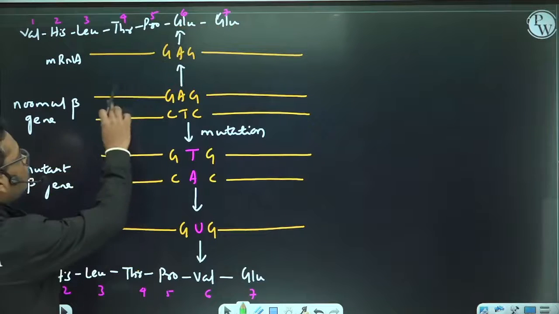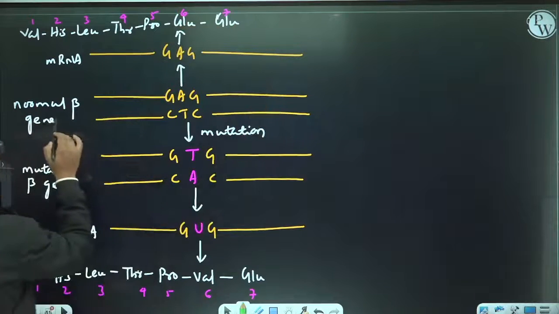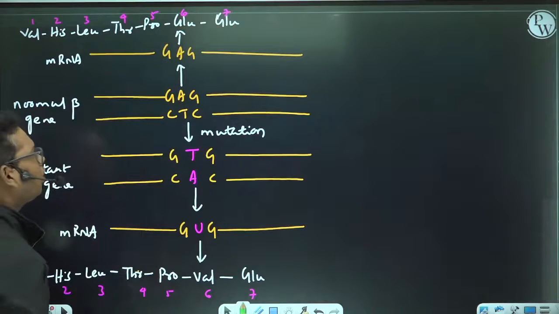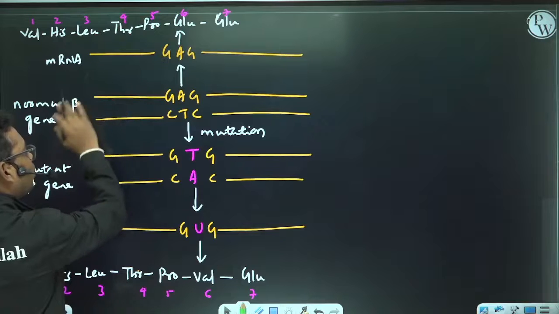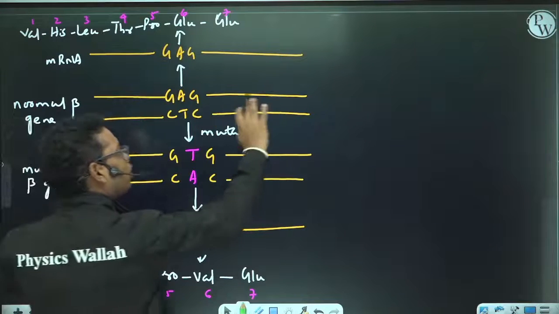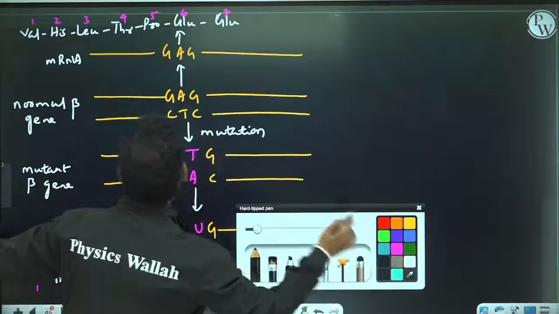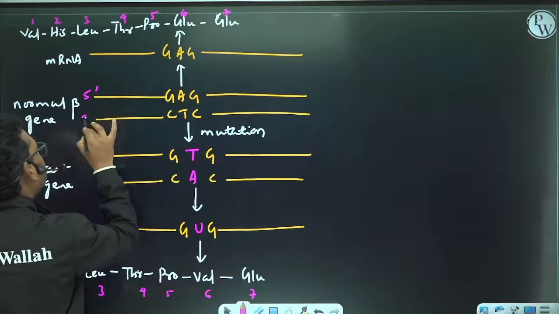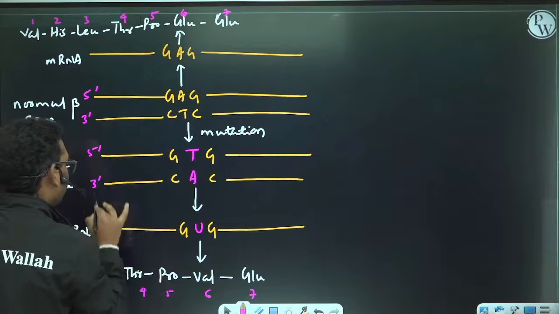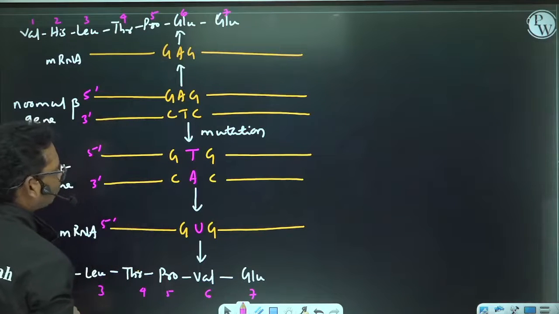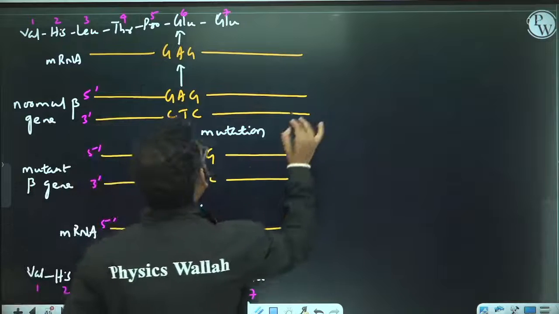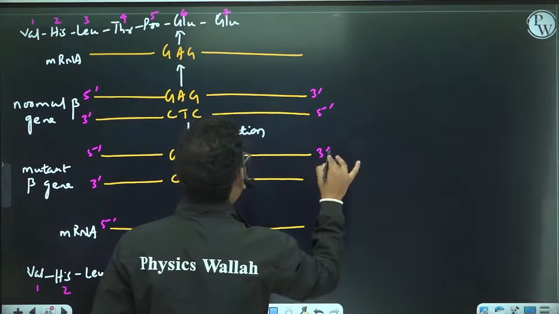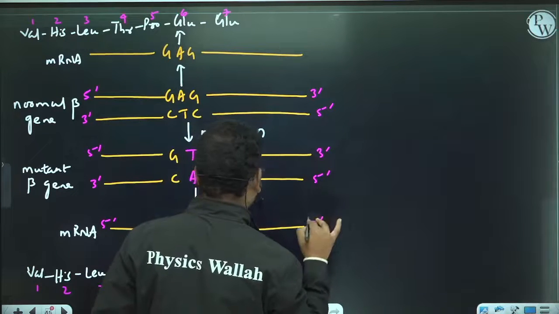Now, this is one gene which is responsible for producing beta chain. So this is the normal beta gene. Okay, so before here a number of base pair sequences are present. Here a number of base pair sequences are present. So suppose this is 5' end, this is 3' end, 5' end, 3' end, 5' end, and this is 3' end.